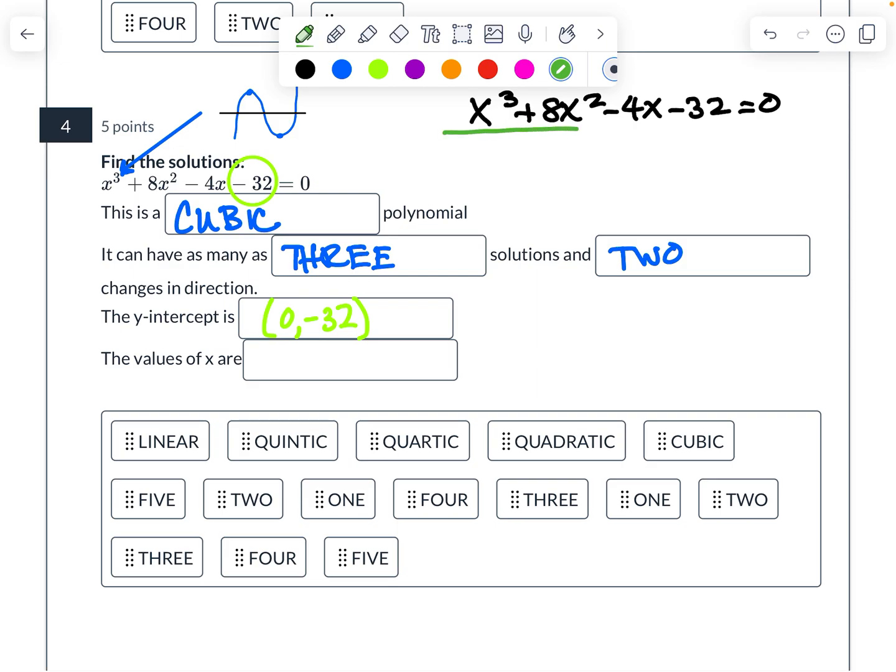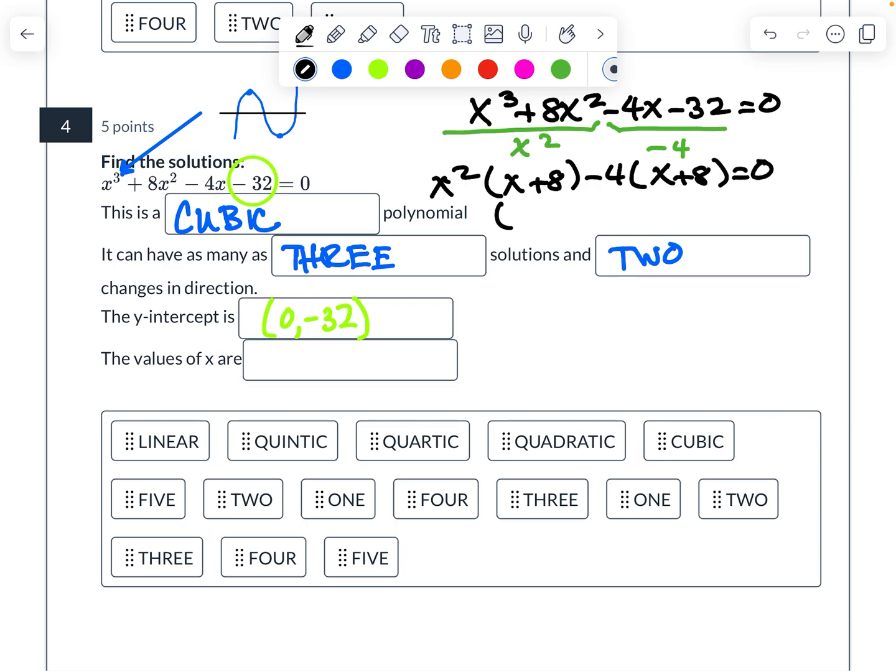If we look at these two, they have x squared in common, and these two have negative 4 in common. So we would have x squared times (x plus 8), and we'd have negative 4 times (x plus 8), and that would give us (x plus 8) times (x squared minus 4).